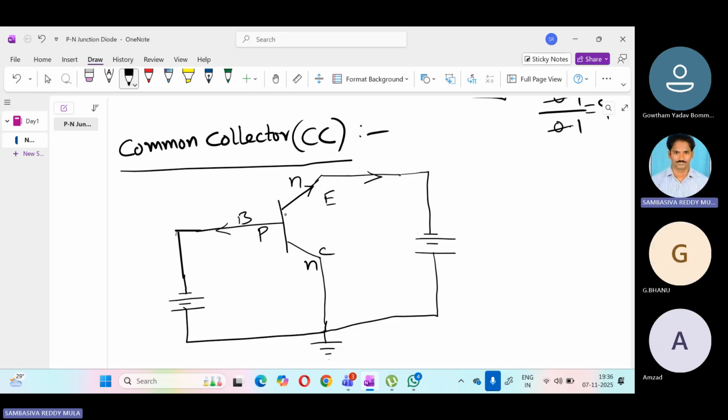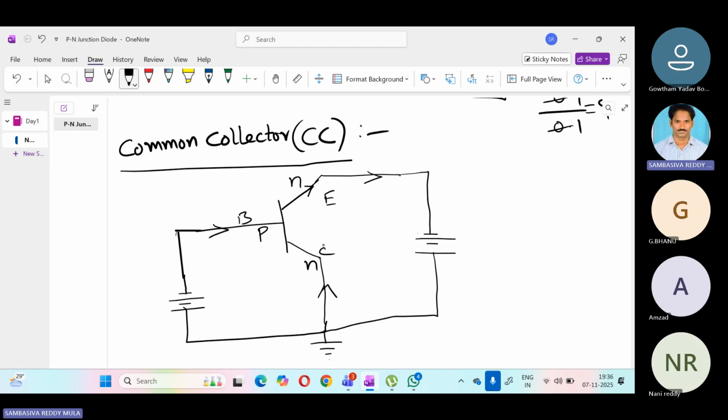Emitter is away. So base is towards the junction. Collector also towards the junction. This is how we need to remember. So the emitter current IE is always IC plus IB.